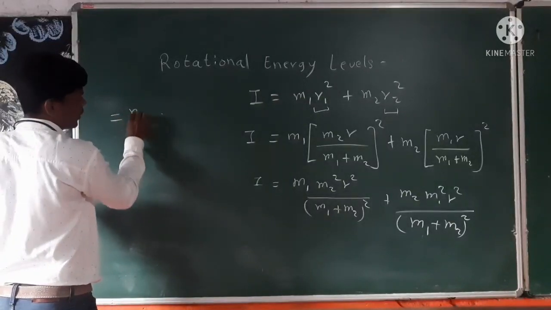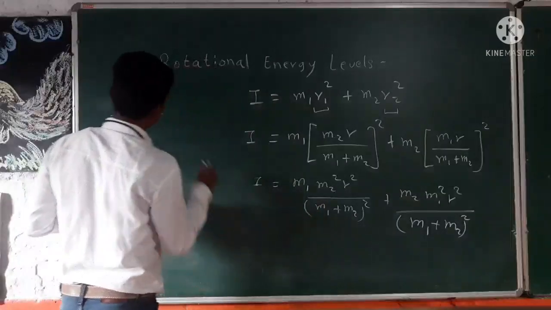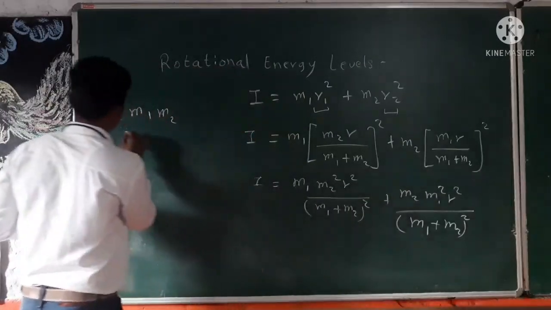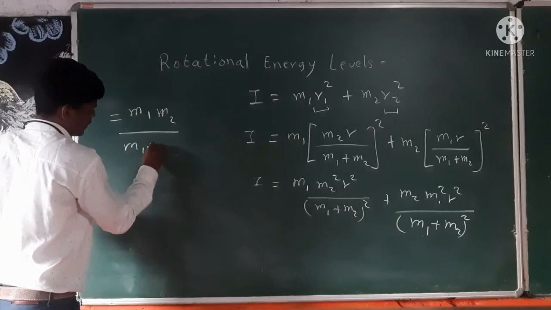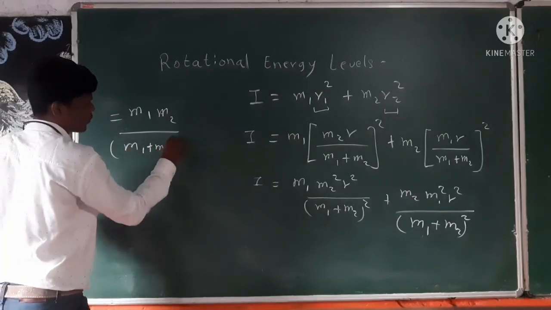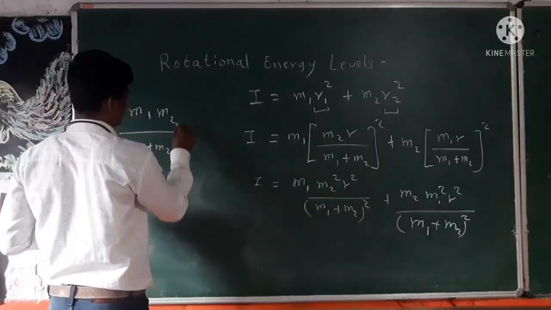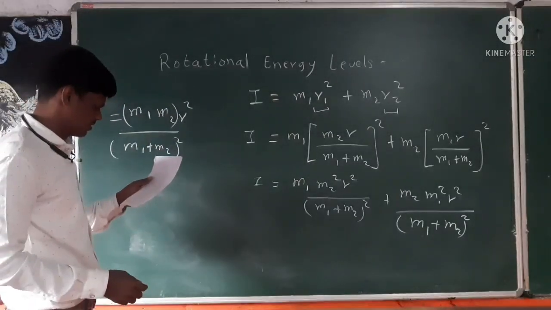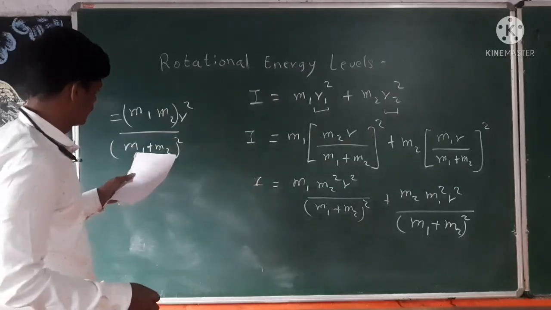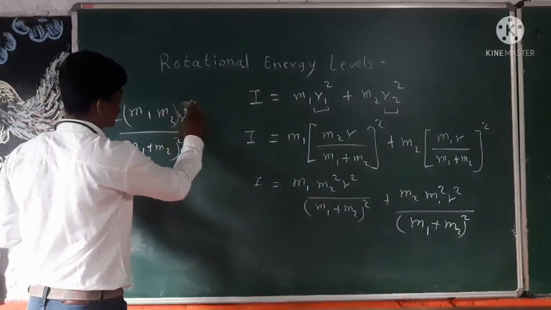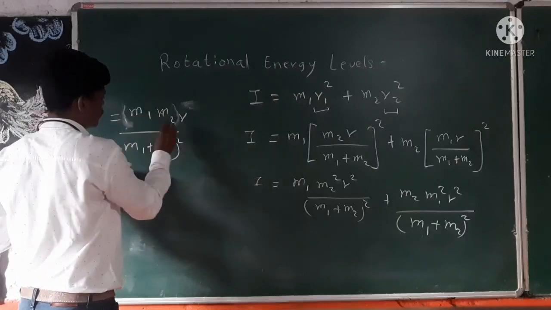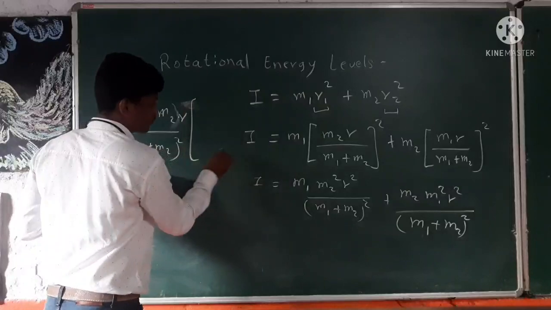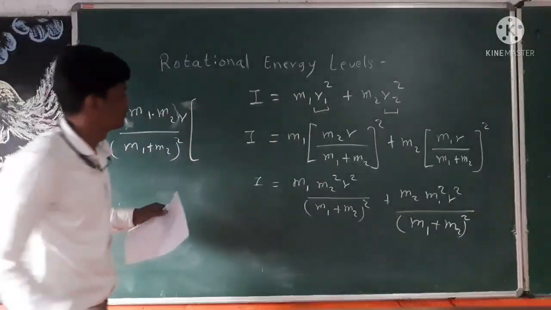It will be m1 m2 common in both terms, then this denominator (m1 plus m2) whole square, and this R square also is there. We can take out these commons outside. We are just taking R out. We need to show some terms later, so we are just putting that R inside only.